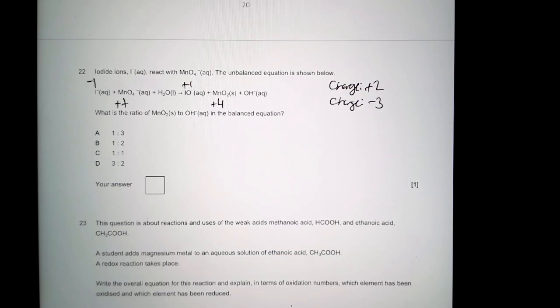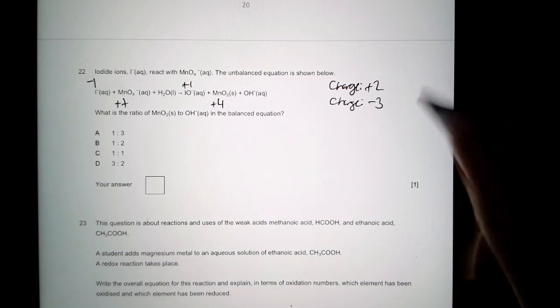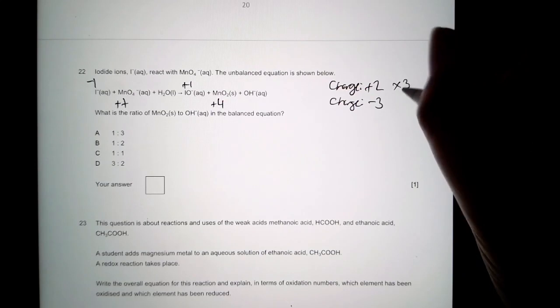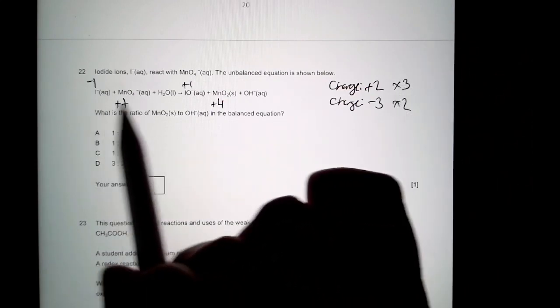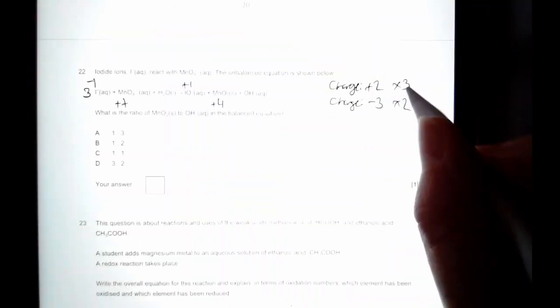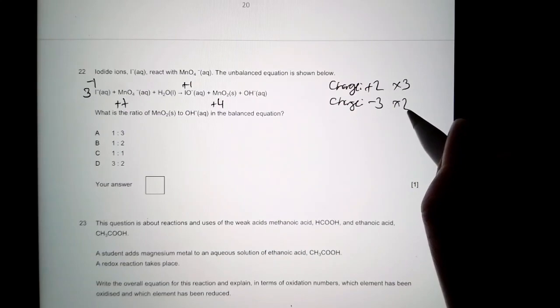Isn't it? Yeah, so I'm getting a change there of +2. So what I would need to do here, again, I'm timesing that by 3 and I'm timesing that by 2. The thing that has the +2 changes iodine, so it tells me I need to put a 3 here. And then the thing that has the -3 changes the manganese, so I'm putting a 2 there.